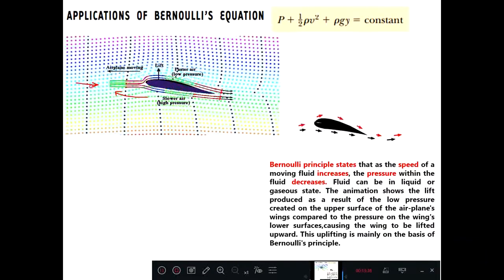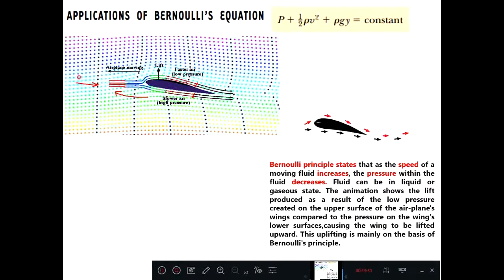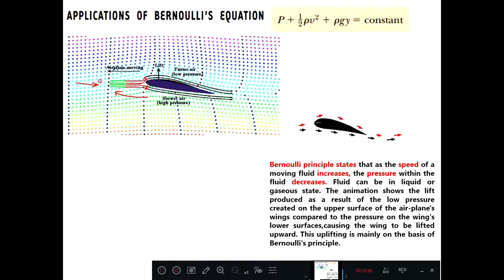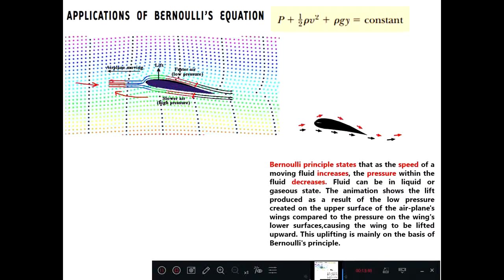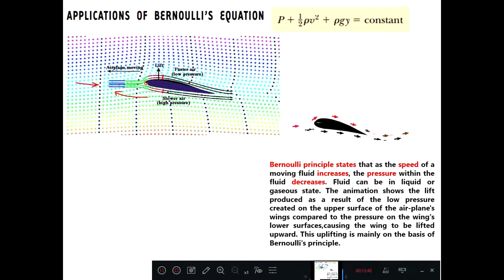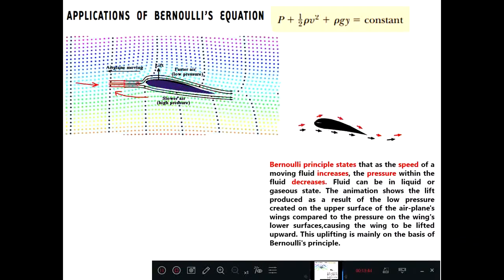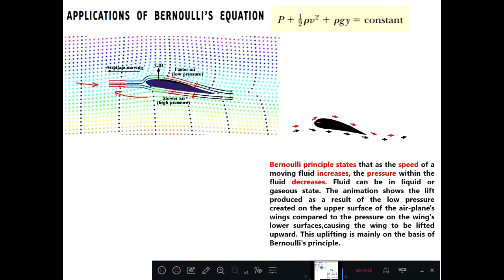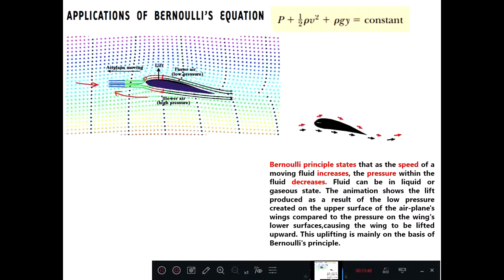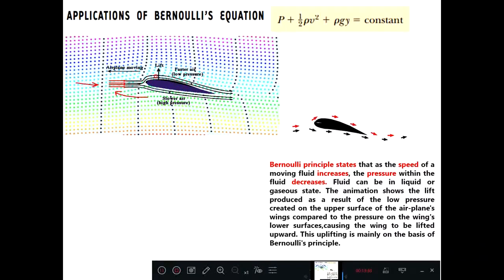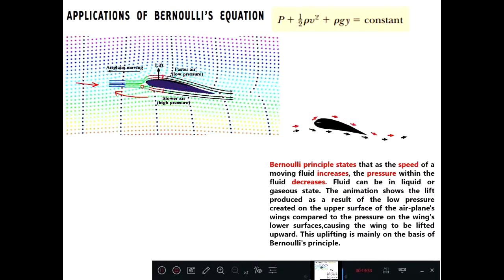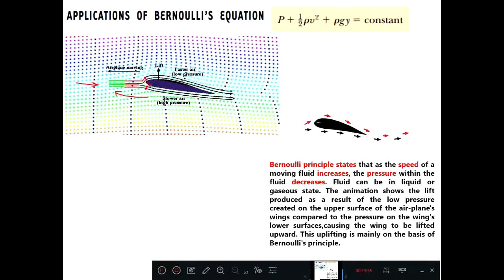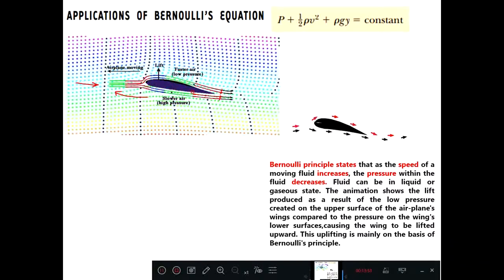So the air particles, a group of air particles, are moving in streamline flow. The moment they come and hit the edge of the wing, all the air particles get split up. Some of the air particles take the upper surface of the wing and move forward again, and some of the air particles move on the lower surface of the wing and move forward.